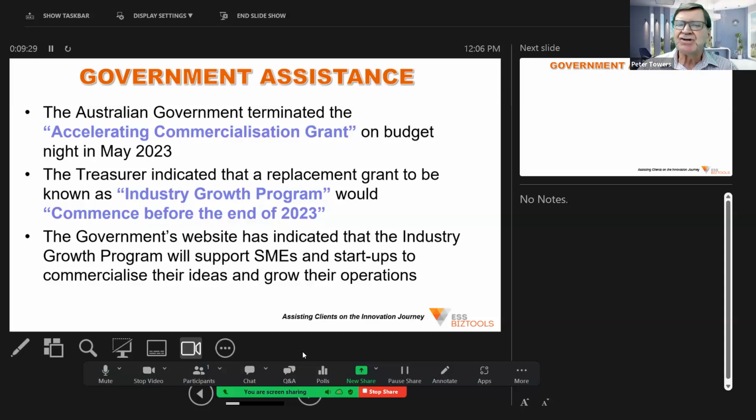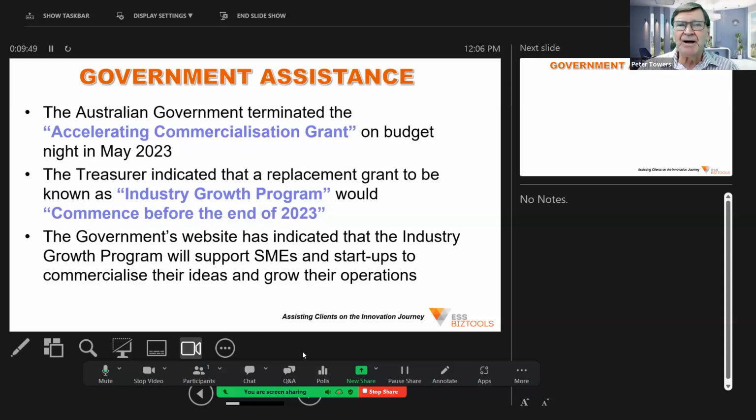The Accelerating Commercialisation grant was terminated in the federal budget in May 2023. At the time, the Treasurer indicated that a replacement grant known as the Industry Growth Program would commence later in 2023.